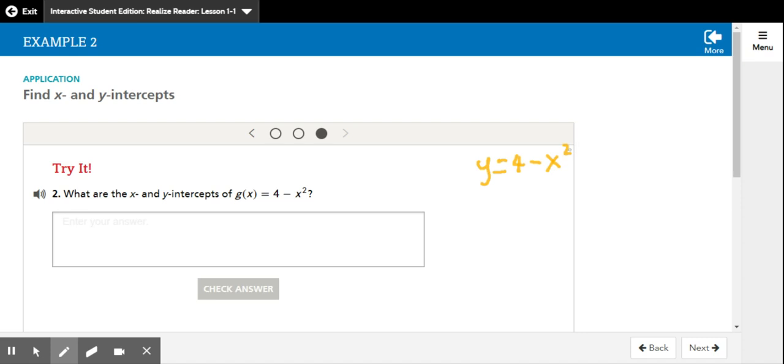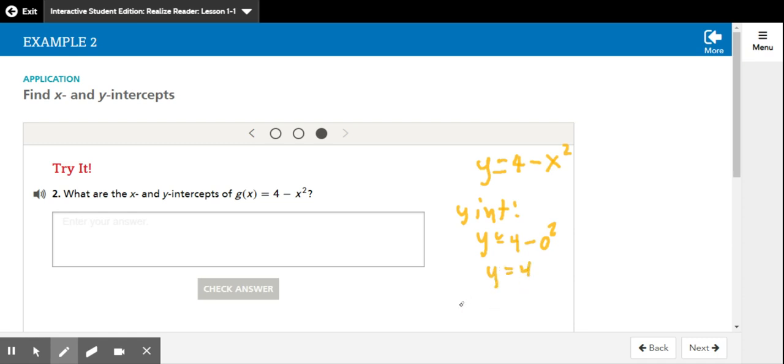It's just your y value in function notation. Let's find the y-intercept first. The y-intercept is where x is 0. So y is equal to 4 minus 0 squared. 0 squared is 0, so y is equal to 4.